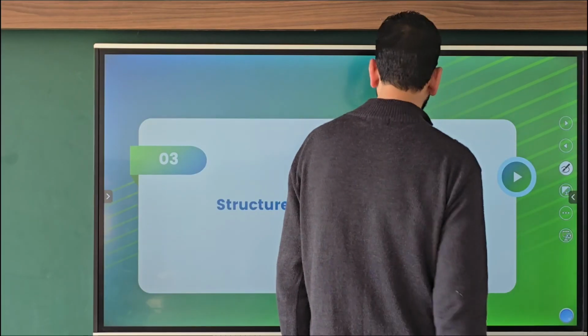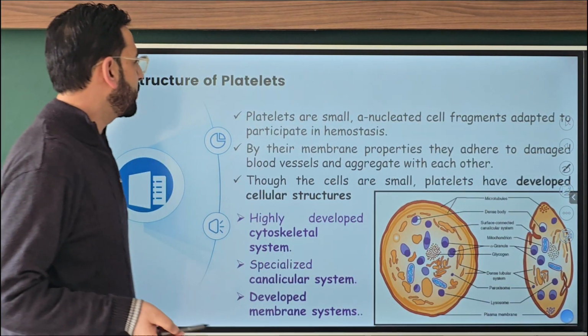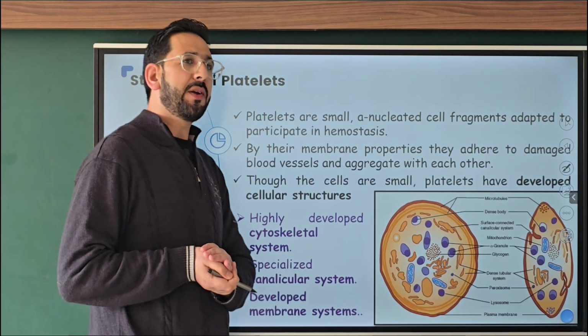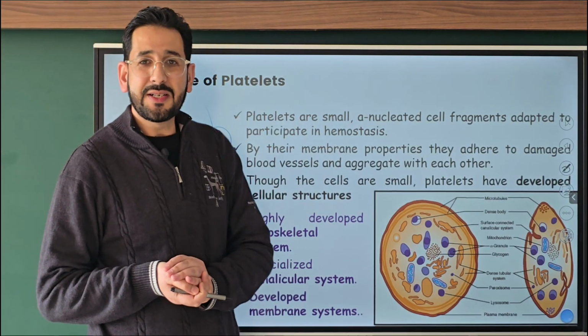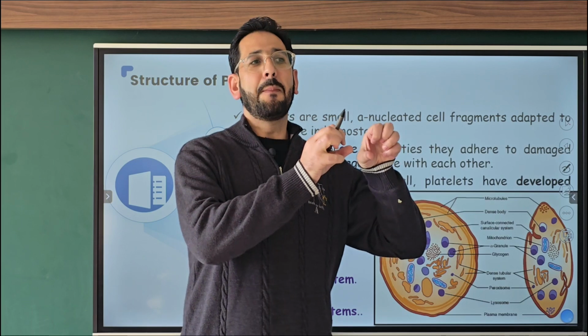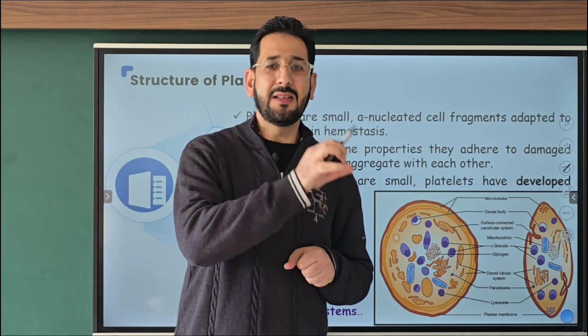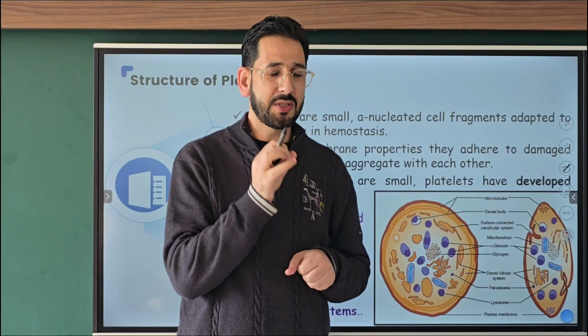Now let's talk about the structure of platelets. As I've already told you, they are not complete cells, they are cell fragments, and they are made after budding off from the giant cell, the megakaryocyte.